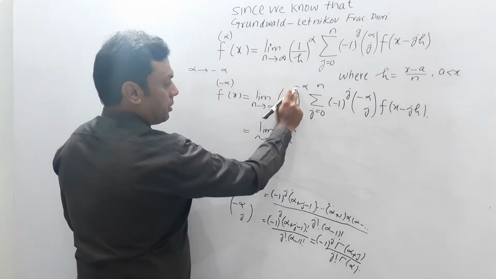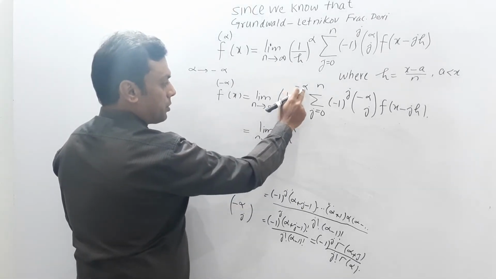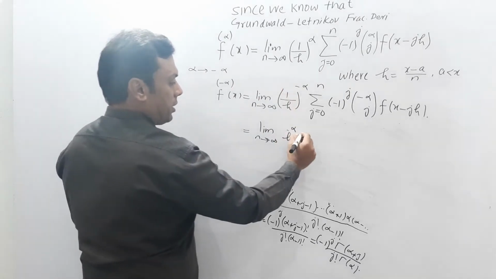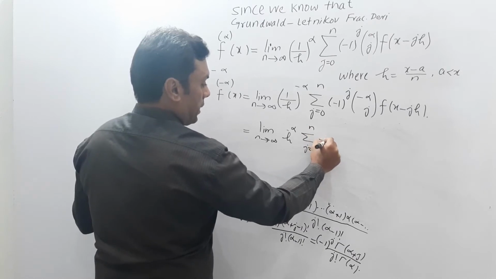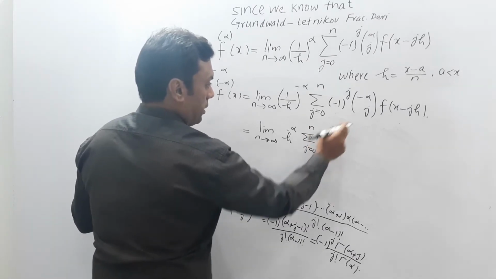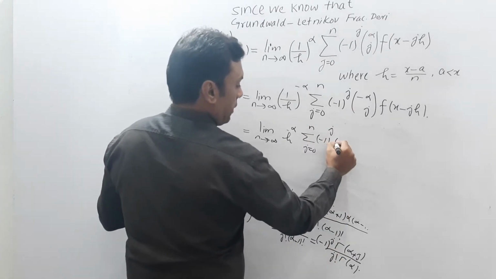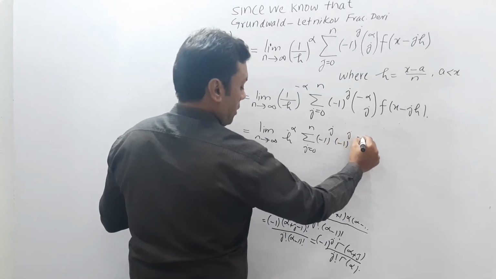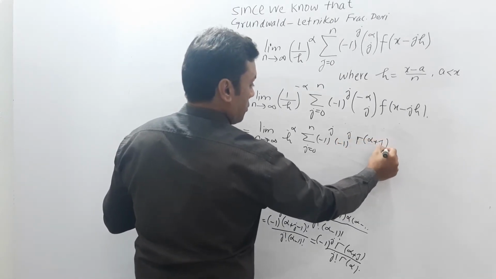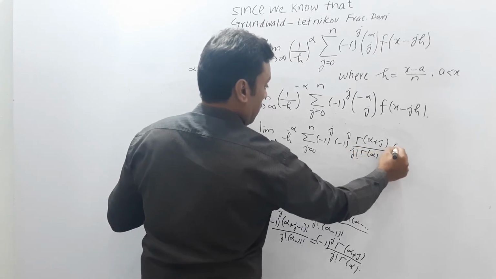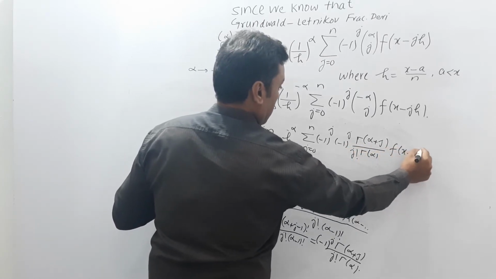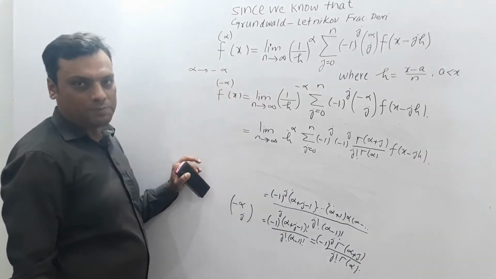I just solved this power, making it positive, turning it inside the fraction, and then summation j from 0 to n minus 1 of minus 1 to the power j times minus 1 to the power j, gamma of alpha plus j over j factorial gamma of alpha, f of x minus jh.